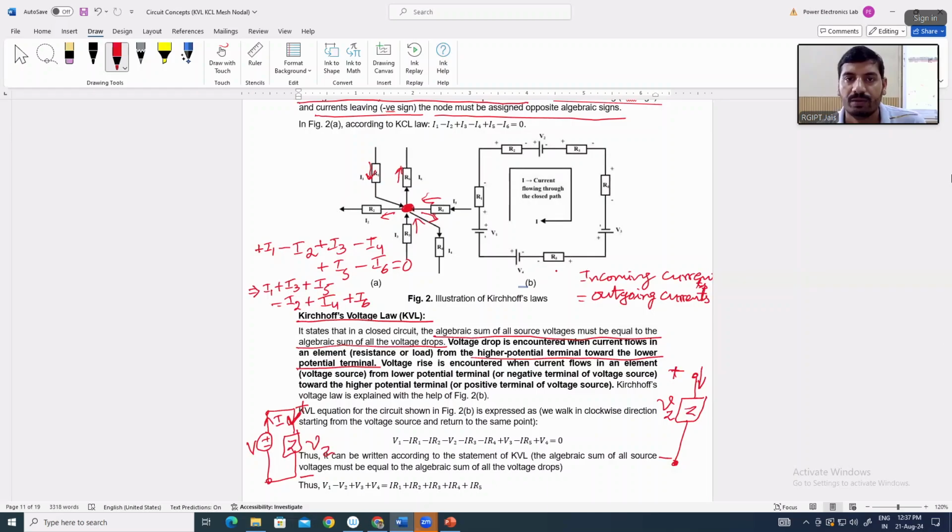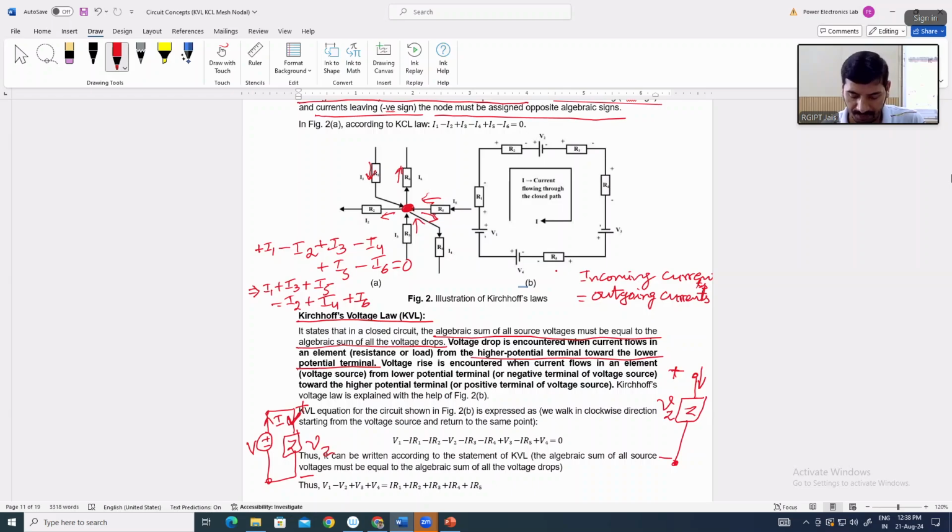In this loop there are many elements, some resistances and some voltage sources. You can see 4 voltage sources and 5 elements, and we have to apply KVL in this loop. KVL will be applied in a loop.